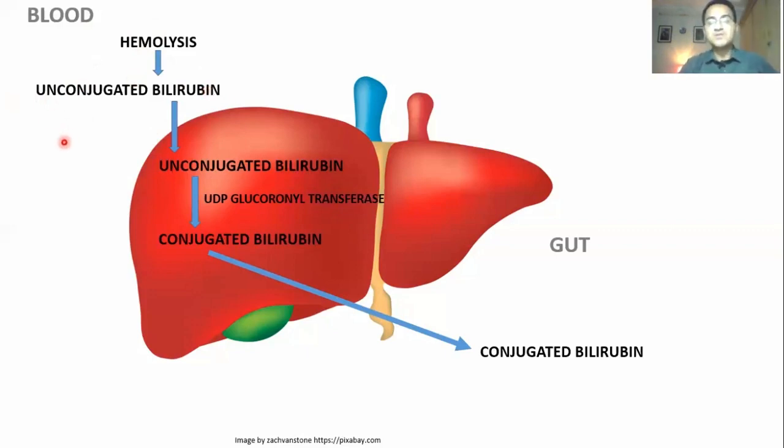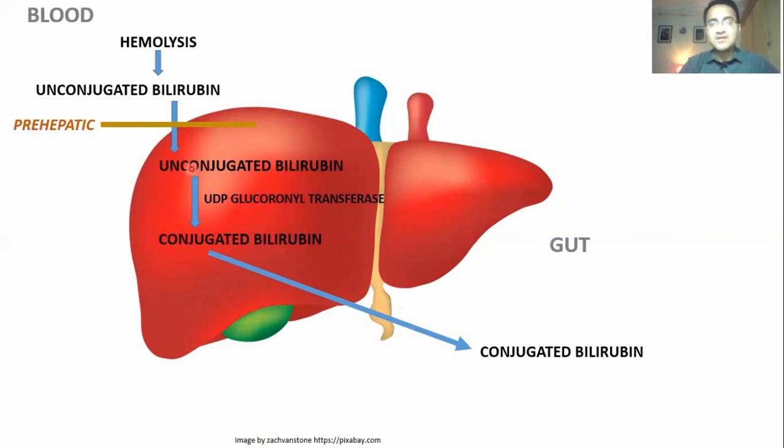Whenever unconjugated bilirubin rises in blood, this is a prehepatic cause of jaundice. Because everything is okay with liver, everything is okay with the excreting system of conjugated bilirubin, but unconjugated bilirubin is formed in excess that liver cannot conjugate.